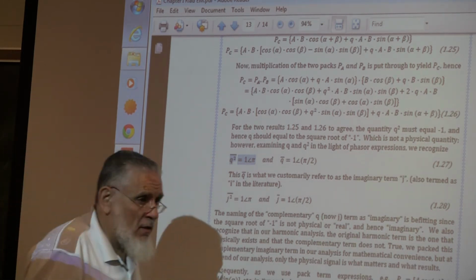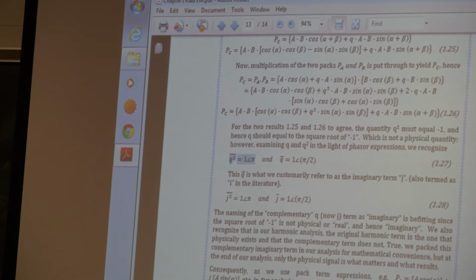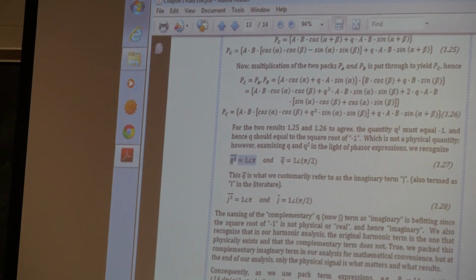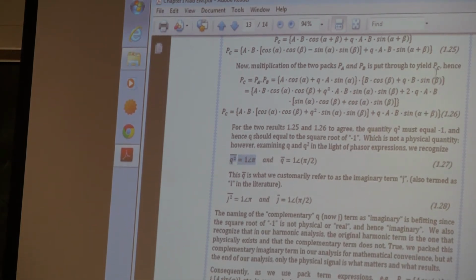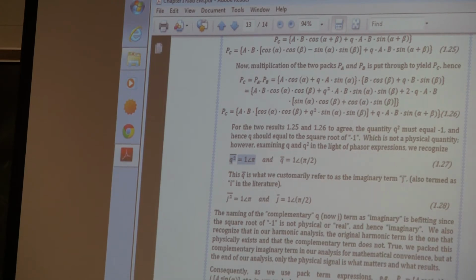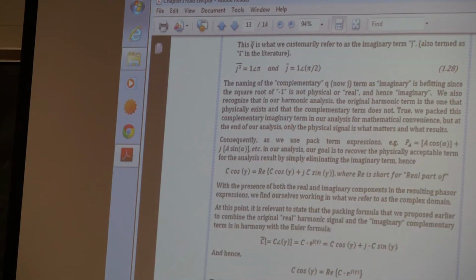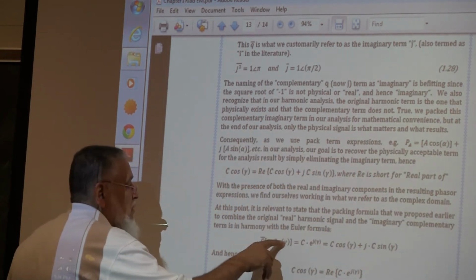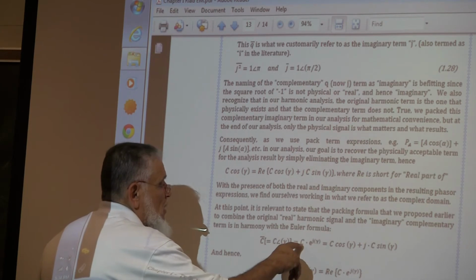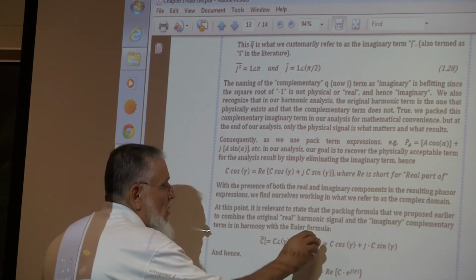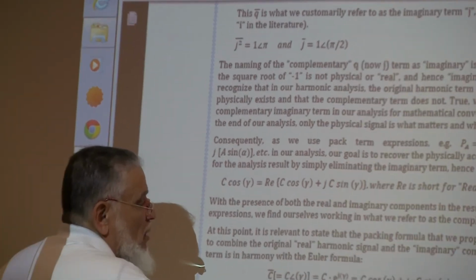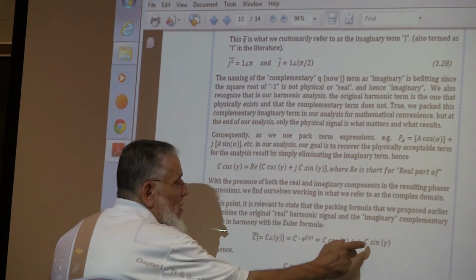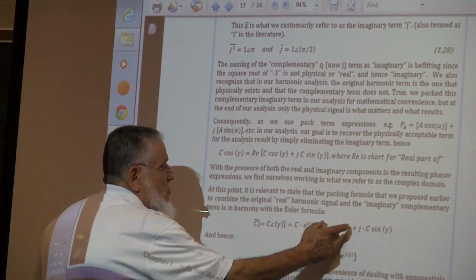Therefore, we see the convenience of the usage of the Euler formula, right there at the end, which is basically that C as a phasor is expressed as C e to the j gamma, for example, that can be broken into C cosine gamma plus j sine gamma. This by itself is enough.